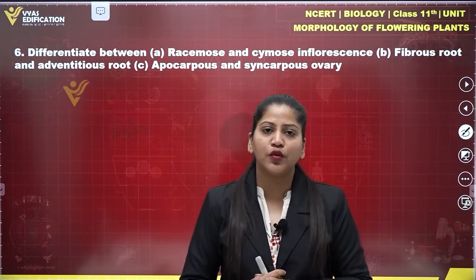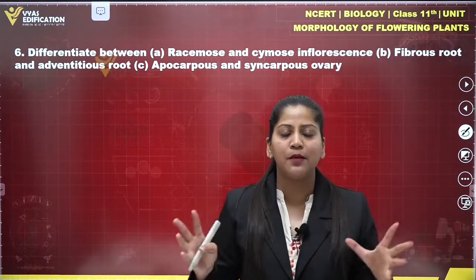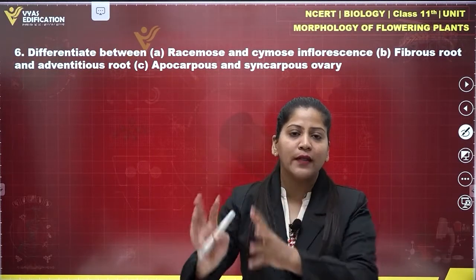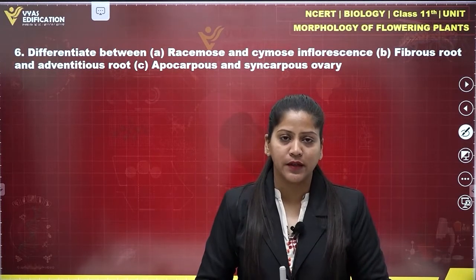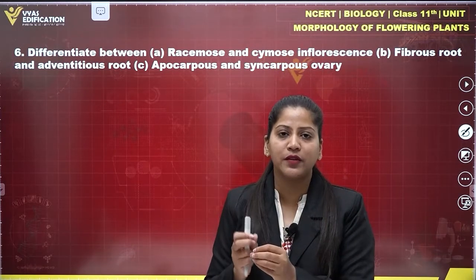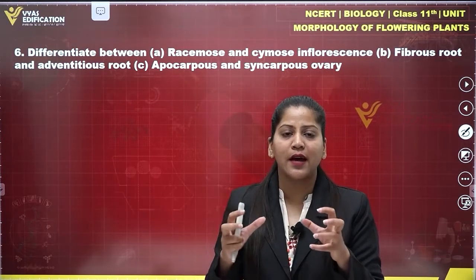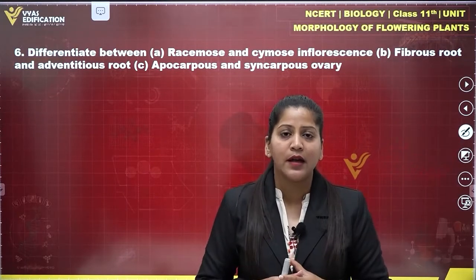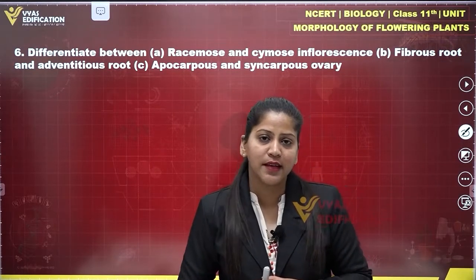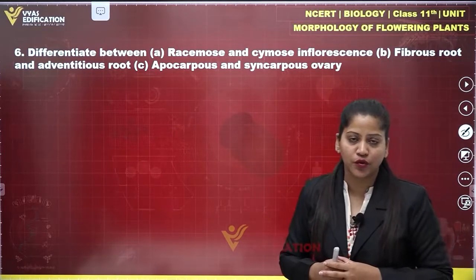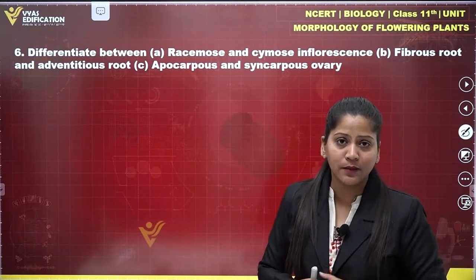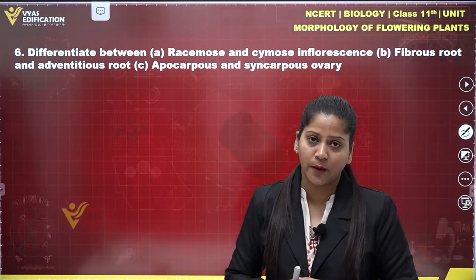These are roots which originate from any part of the plant other than the radicle of a seed. When any root arises from any part of the plant except the radicle, it is said to be an adventitious root, found in banyan, monstera, etc.